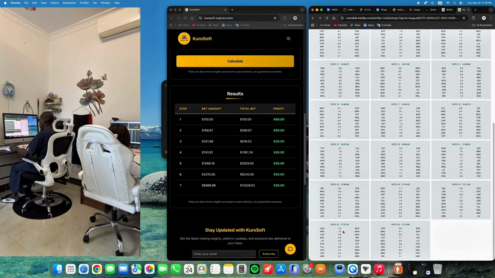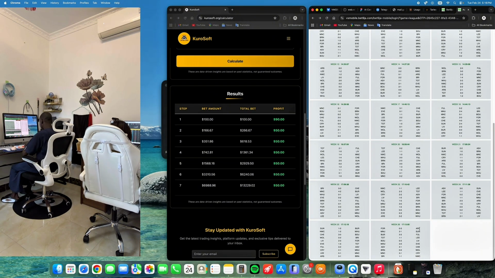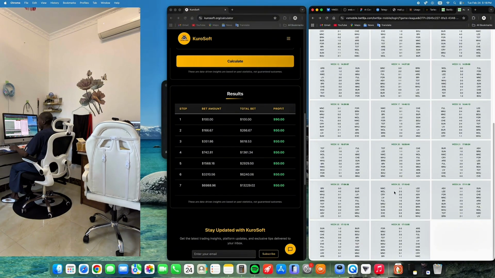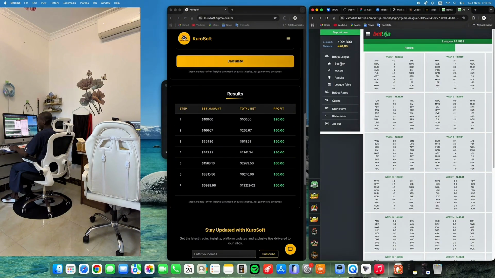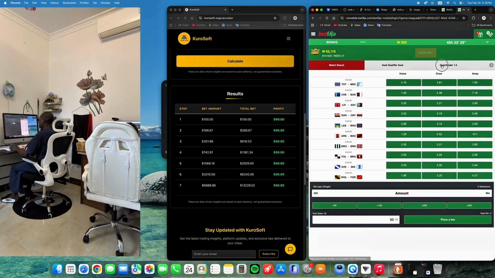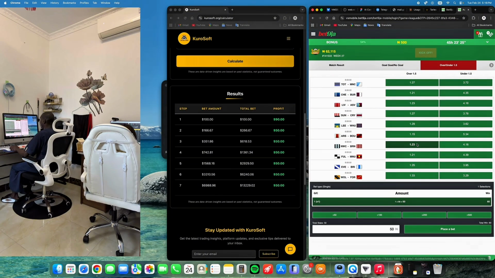Coming to this one, let's say we have Man City played under 1.5. Let me not analyze for that. I will just go with the home team here, which is Brentford that played under 1.5. So this time I'll be taking Brentford, and the odd for Brentford I believe will be high. Okay, it's 1.23.